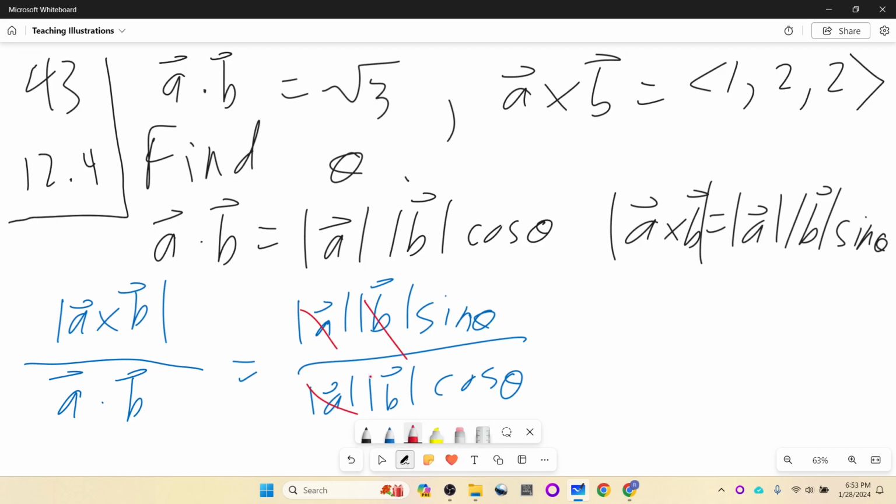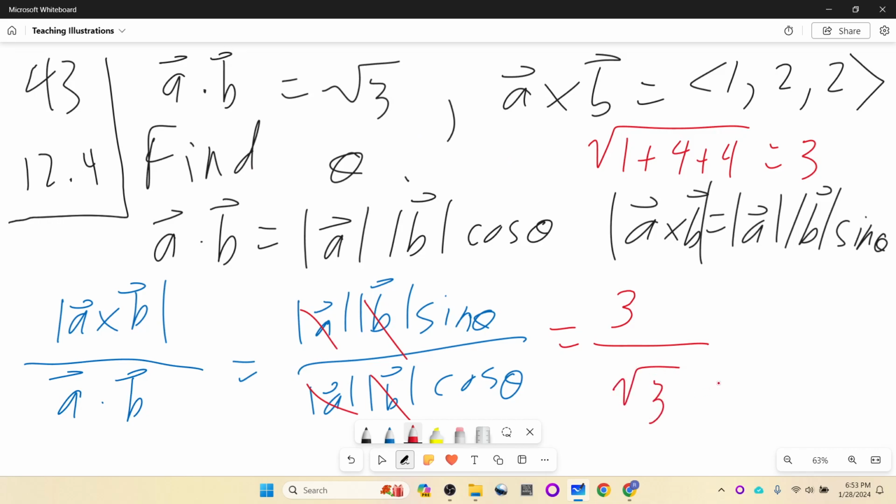So these just cross out. So we're left with length of A cross B. You work out length of A cross B would be 1 plus 4 plus 4 is 3. So that's 3 on top. And A dot B is square root of 3.